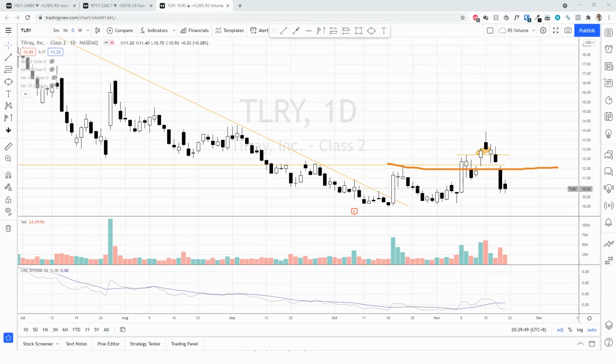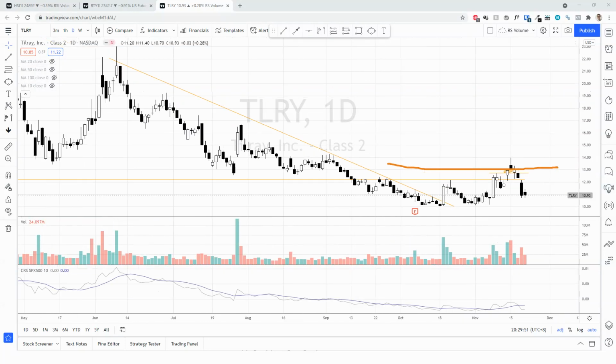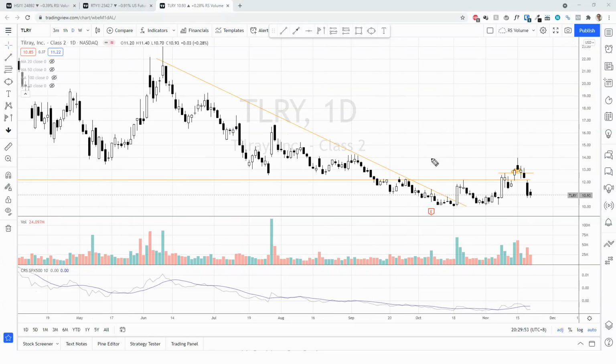If I zoom out here, okay, this is maybe a small structure here. And we have an upthrust, and we are probably in phase B, having a test. Like Dave suggests, we could probably see another swing up.